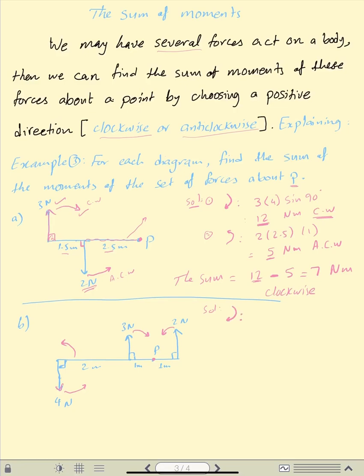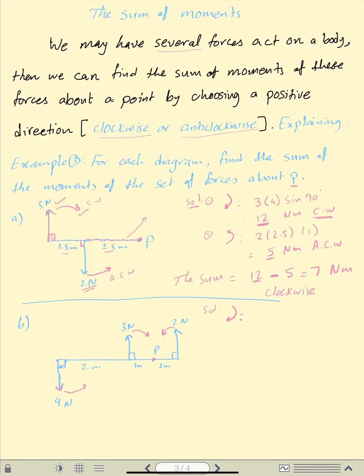Then you ask, do I have more than one force clockwise? Yes, I have. This one, 3 Newtons clockwise. Do you see it? And the new 2 Newtons, it's also clockwise. And 2 and 4, they are anti-clockwise.